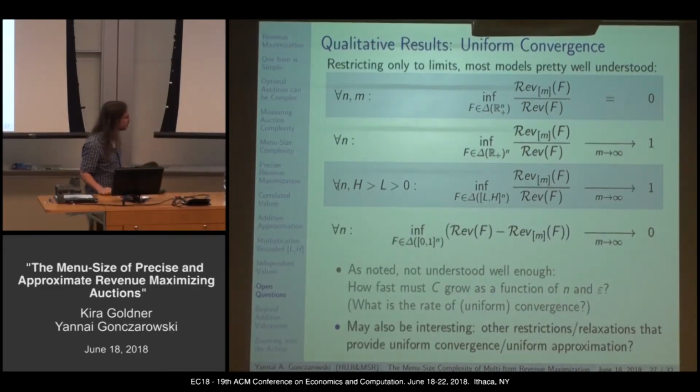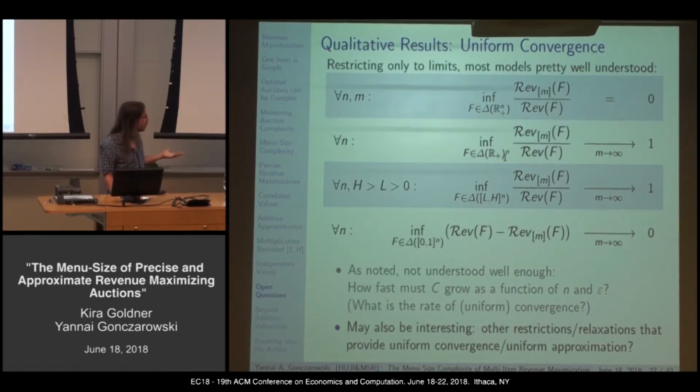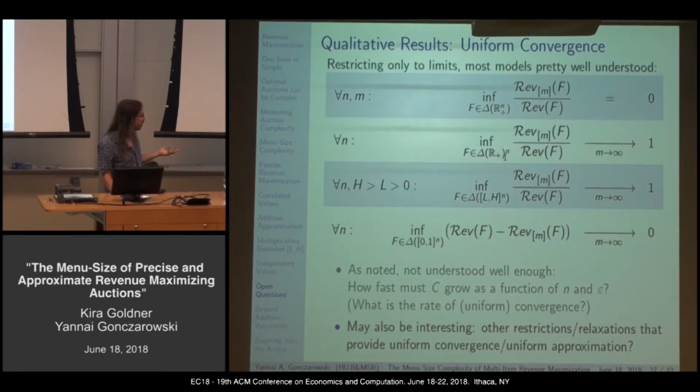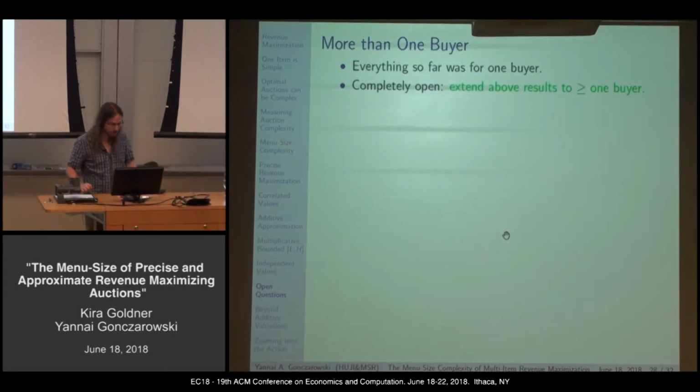But it could also be interesting to ask what other kind of qualitative uniform approximation, uniform convergence results you could get via either restrictions on the valuations, such as the second and third, restricted to bounded or restricted to independent, maybe other restrictions. Alternatively, via other relaxations or approximations, such as the additive one here. This could also be interesting.